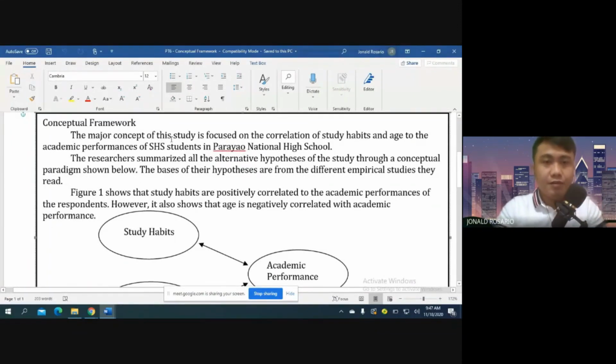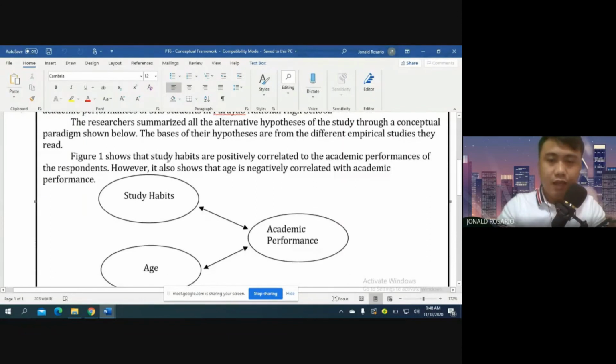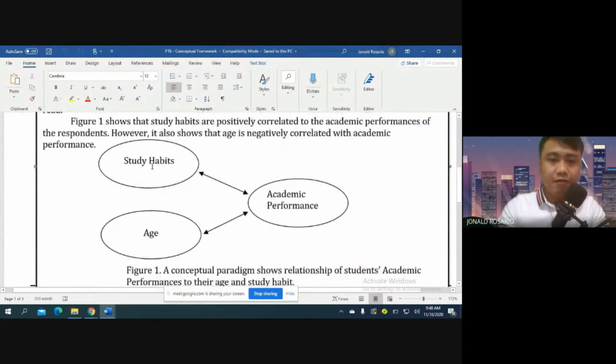The major concept of this study is focused on the correlation of study habits and age to the academic performances of senior high school students in Parayao National High School. Ito yung ating research paradigm or the conceptual paradigm. Diagram siya.